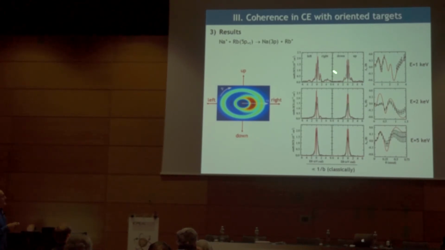And we see that here at the lowest energy, some contribution appears at large E theta value, that is, small impact parameter. This is due to the fact that at small impact velocity, the collisional system evolves more adiabatically and enters the region of small internuclear distances.